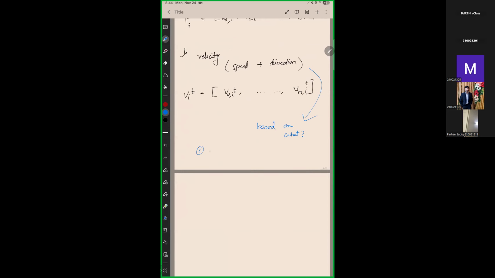One is their own intuition or experience, where usually they had found food previously. Another thing is imitating others, where everyone else is going. This is the cognitive behavior. This is the social behavior.